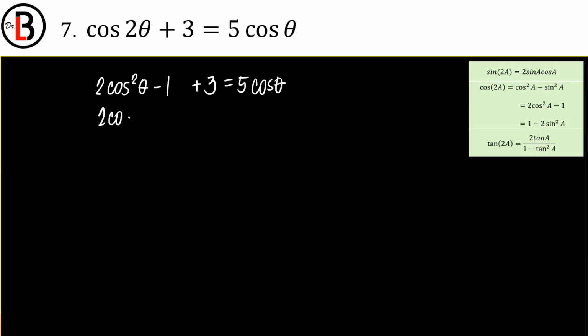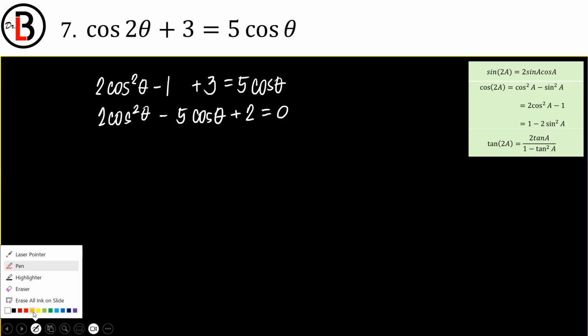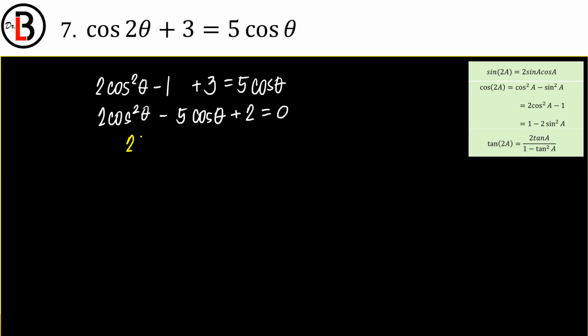And then let's transpose the other terms. It's minus 5 cosine theta, and then this becomes plus 2, right? So again, let's change them into a: 2a squared minus 5a plus 2 is equal to 0.